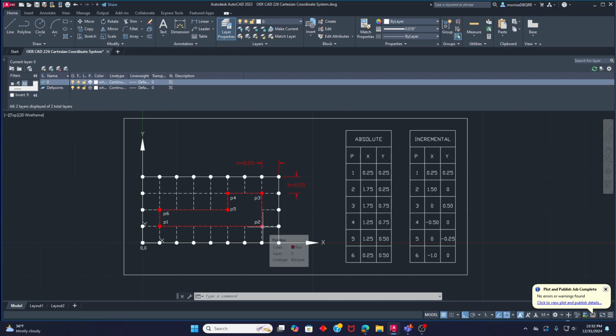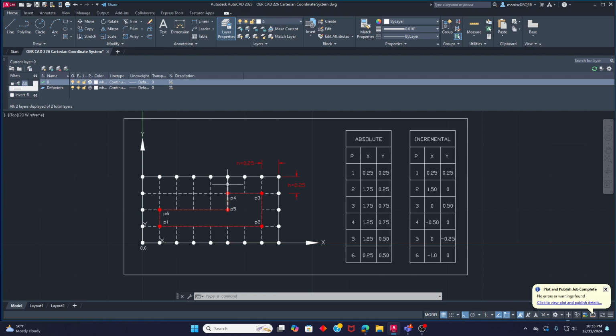Now we're right here. We want to go to point 3, right? We're not going to go any more in the X, so that's 0, but we're going to go up 0.5 in the Y. Now we're right here. We want to get to point 4, so that would be a negative. You're going to go negative 0.5 in the X direction, and you're not changing the Y direction.